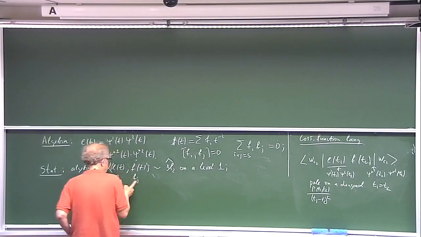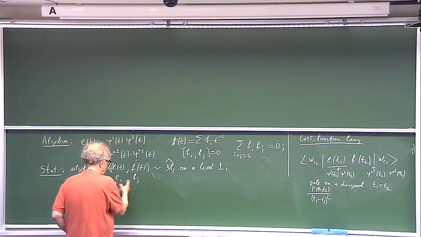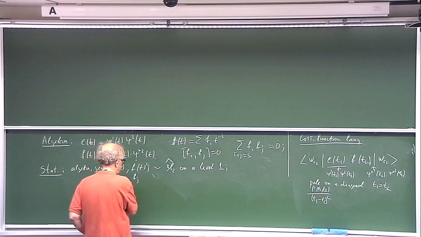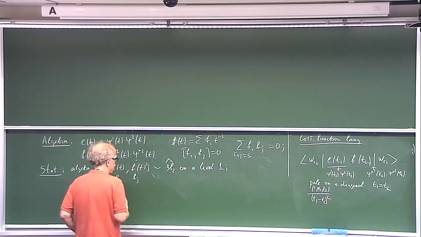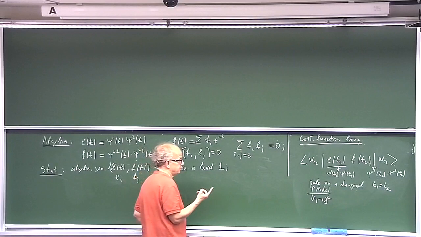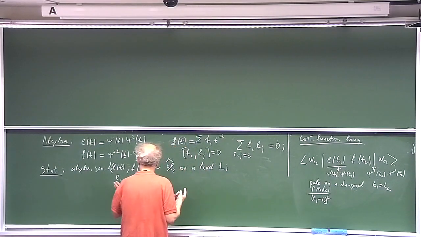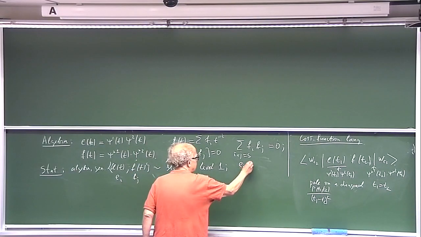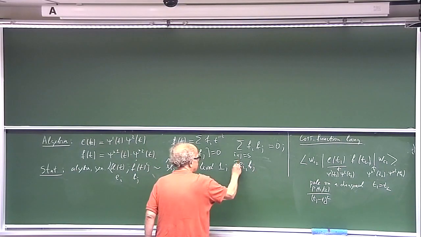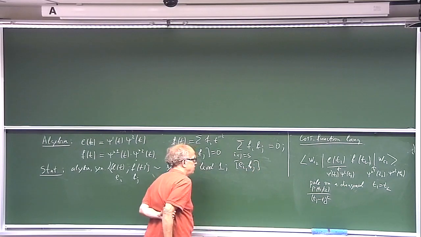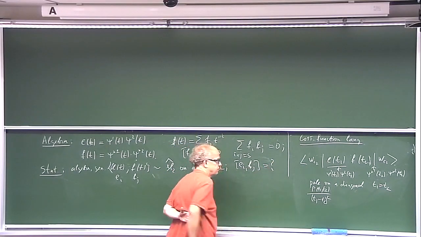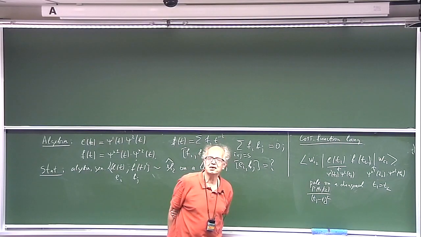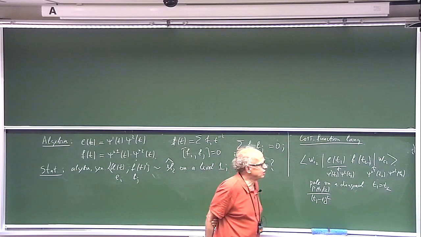And what does it mean? It should be some exercise: I have this component and this component, and using the correlation function definition or expression through fermions, I want to calculate the bracket of E_i and F_j, just asking what this is. Maybe it can be a good exercise, or I can do it later.